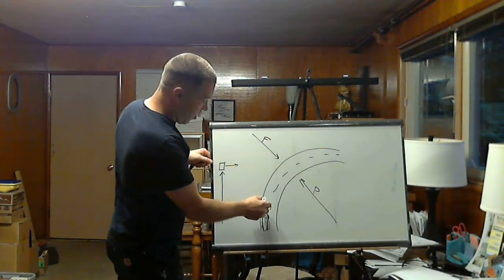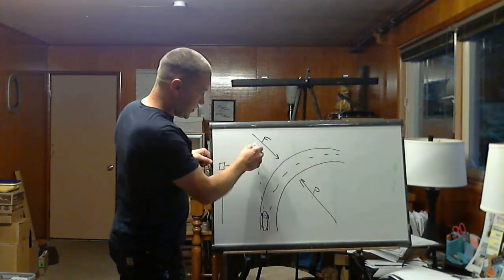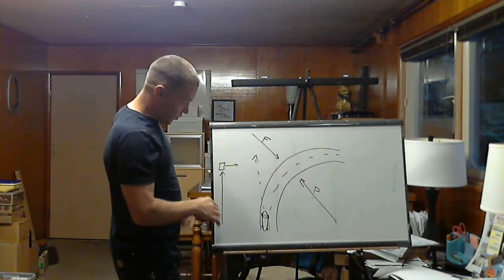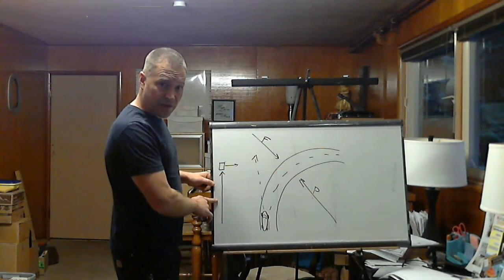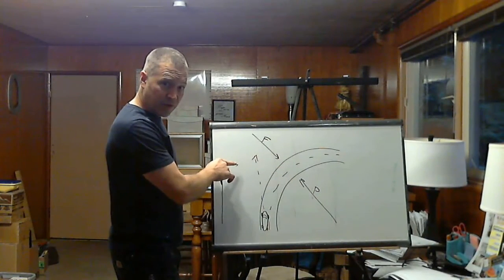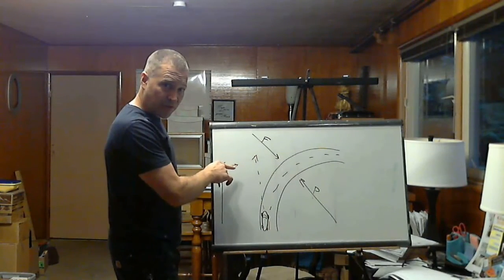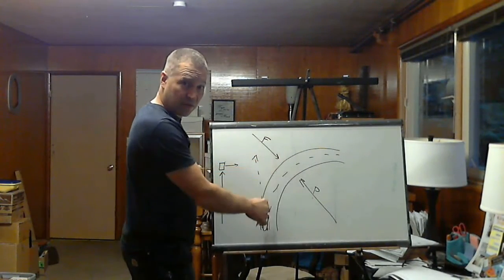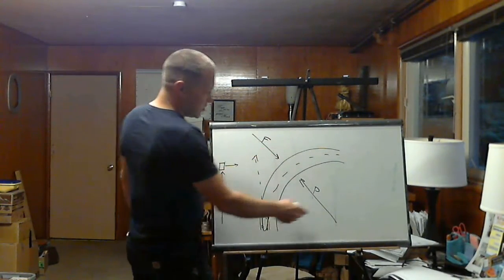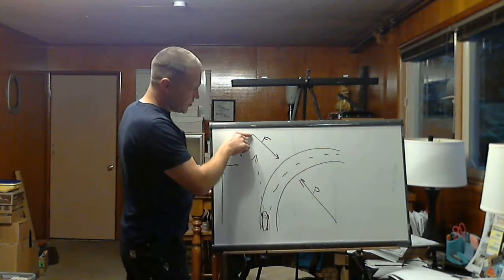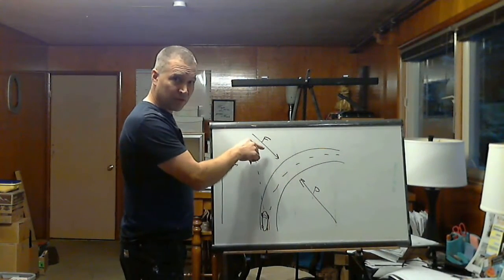So this car right here wants to keep going this way as you are going around the corner. That's where the large majority of the force is at. You have this little tiny force in your wheel turning to the right, but what's really helping you stay on the road is the friction of the road. So you've got this centripetal force pushing you off. The centrifugal is the friction.